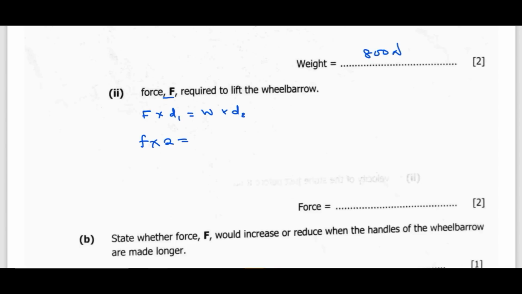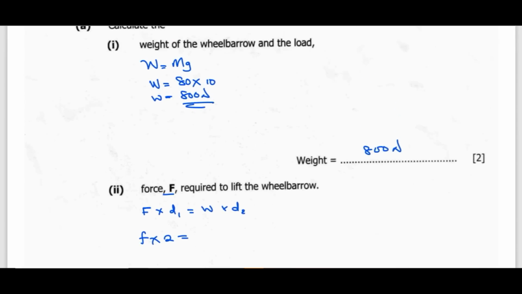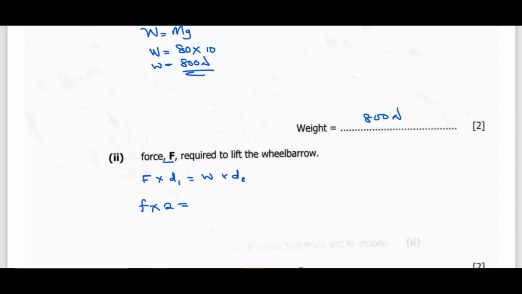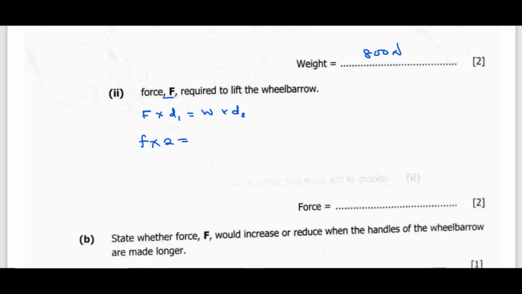We've calculated W before, so the weight is 800. So we'll say 800 times 0.5. And then 2F is equal to, when we multiply 800 by 0.5, we're going to have 400 there.